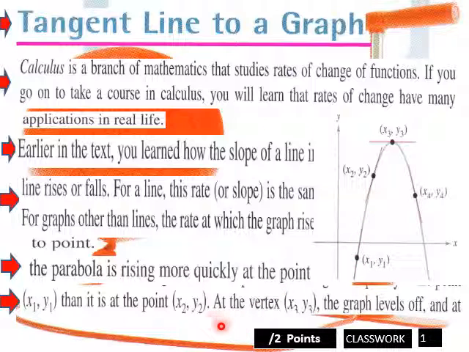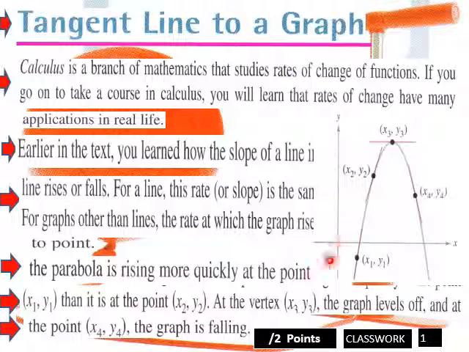Then at the point x2, y2, which is up here, it starts to flatten off as you go up, and then does the same thing down on the other side. At the vertex x3, y3, the graph levels off, and at the point x4, y4, the graph is falling. So it changes with a parabola. The slope is changing.